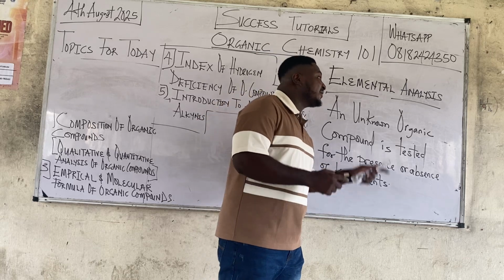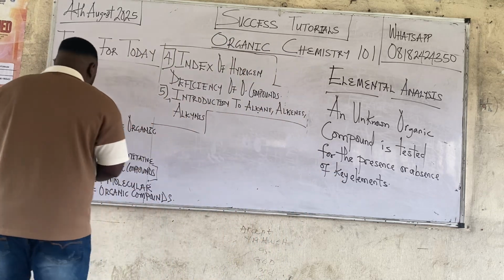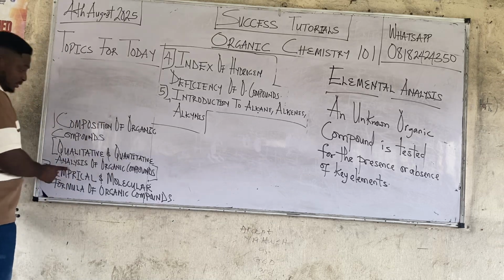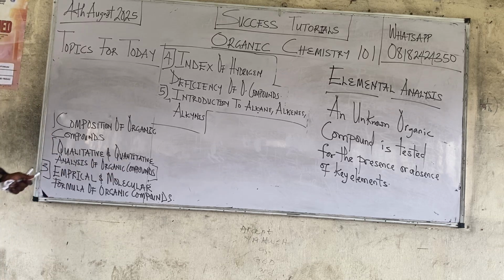And class, when you want to test an organic compound, there are two types of tests. Class, if you come back here, you see where I wrote qualitative and quantitative analysis of organic compound. We have what we call qualitative and quantitative analysis of organic compound.